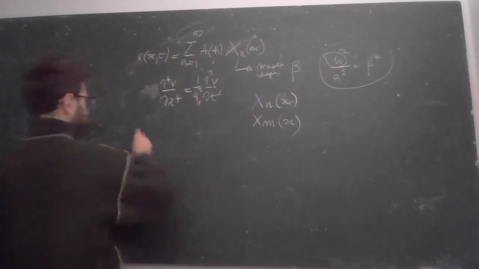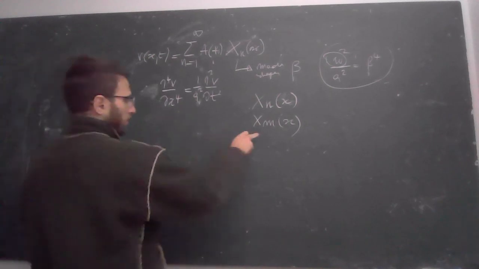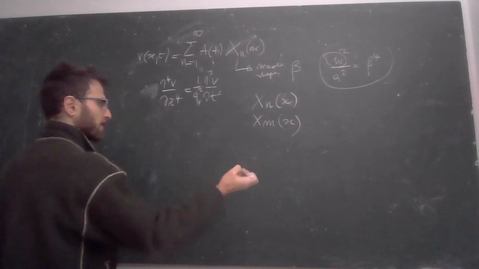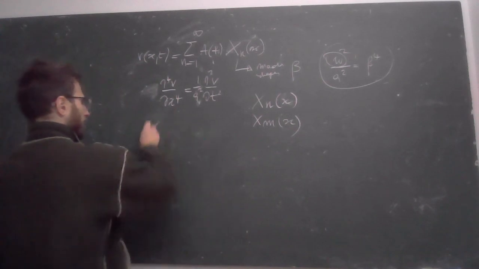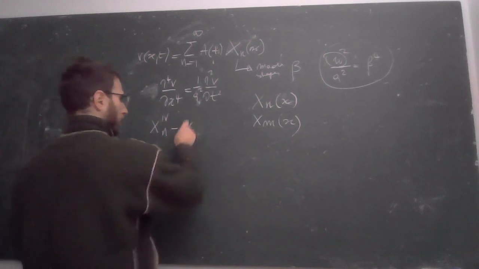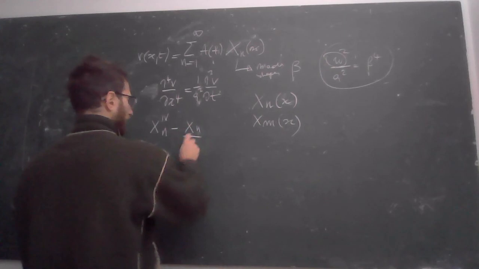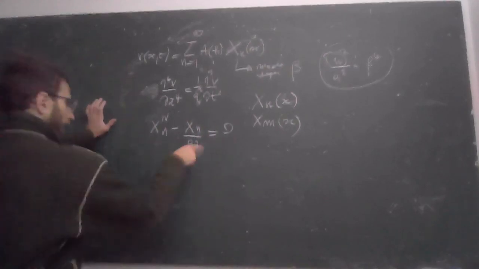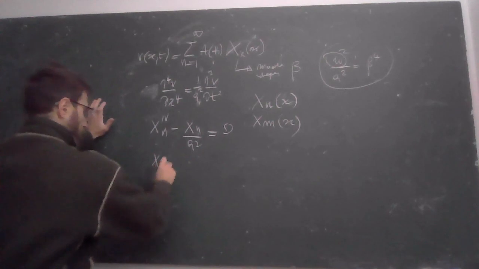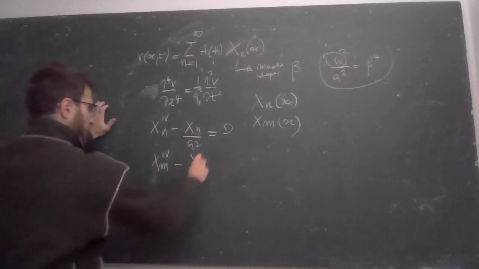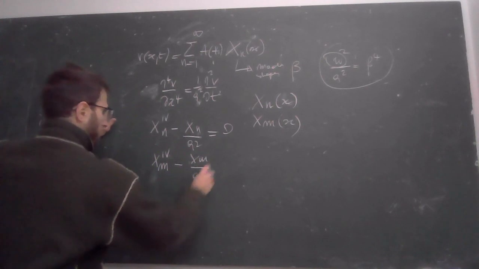Using the compact notation for derivatives, we have X_n fourth derivative minus beta to the fourth X_n equal to 0, and then X_m fourth derivative minus beta to the fourth X_m equal to 0.